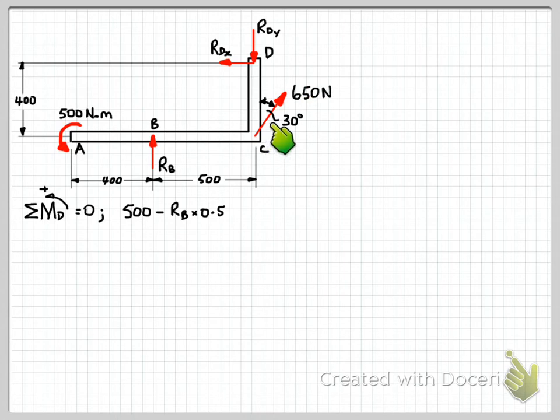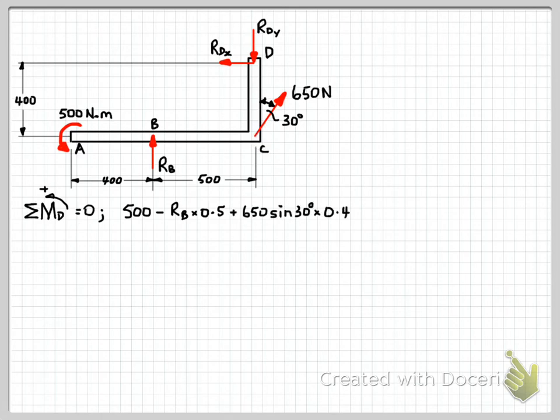Alright, so then we need to take into account the moment effect of our 650 Newton force, and the easiest way to do that would be to find components. So we'll find the vertical component, which will pass through point D, so that will have no moment effect. The horizontal component, which will be 650 sin 30, acts at a distance of 400 millimeters or 0.4 meters from point D, so we can put that into our equation.